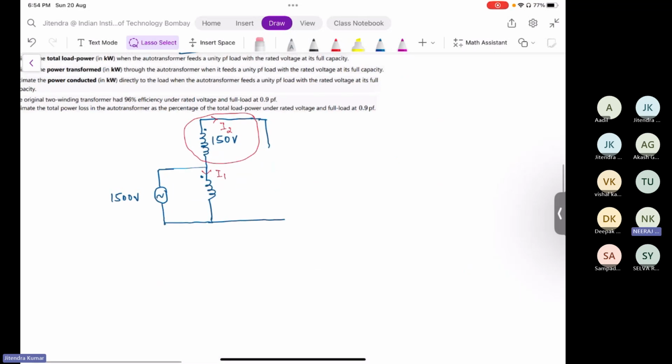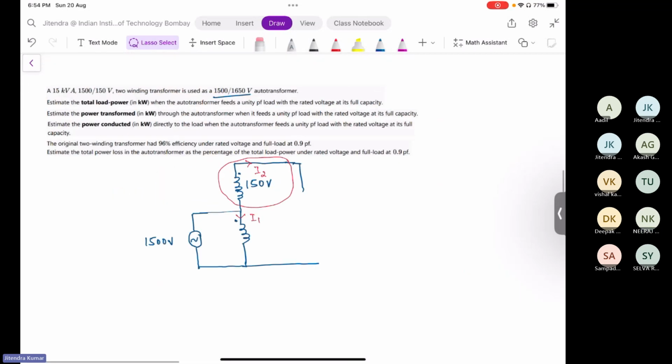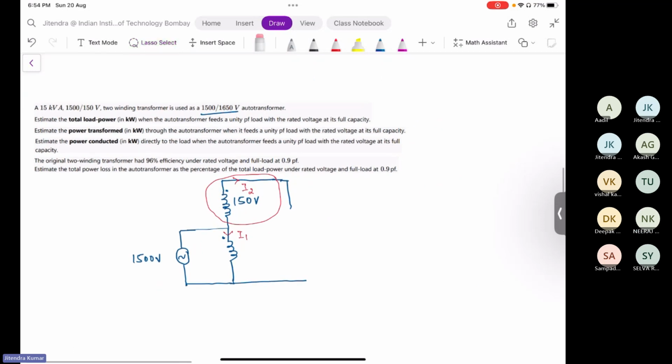So yeah, 165 kVA. I guess it is the correct answer, but let us go step by step. I will write your answer: 165 kVA.